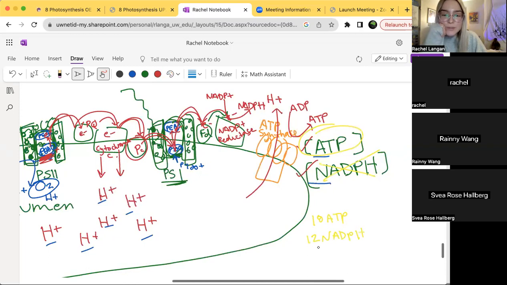I don't know if that number is right, but I do know you need more ATP. So sometimes you want to end up making ATP but not more NADPH to get the right balance that you need for the Calvin cycle. Also, if your NADP plus levels have gotten too low, then again, you want to turn off the making of NADPH. So that's what cyclic is for. It's when you want to just make ATP.